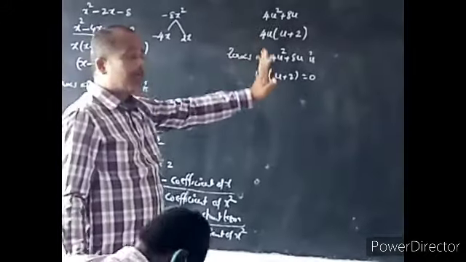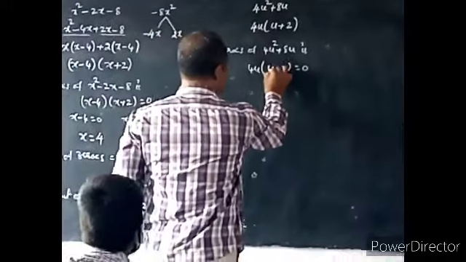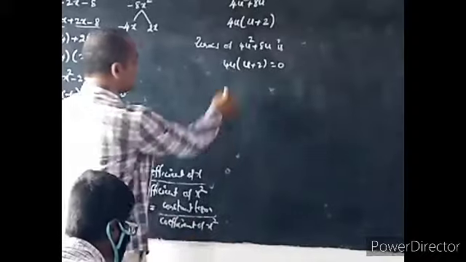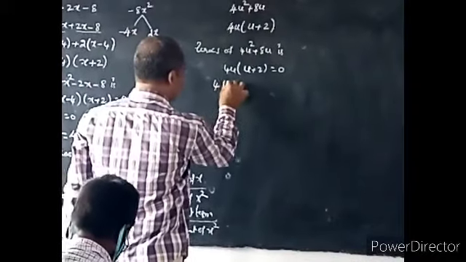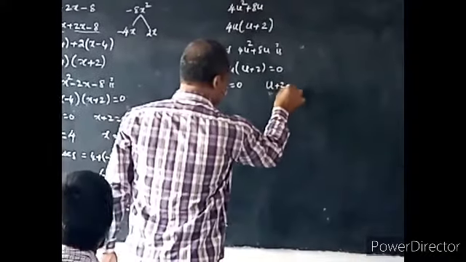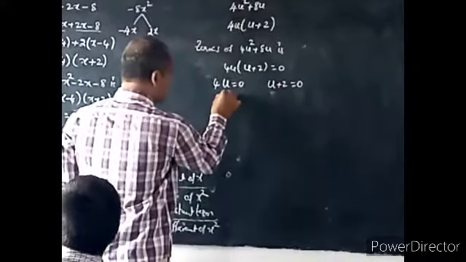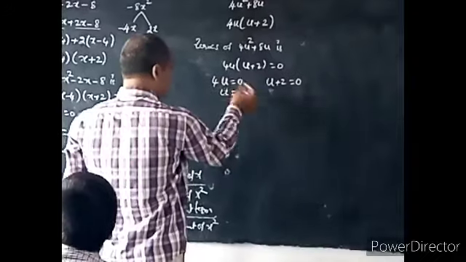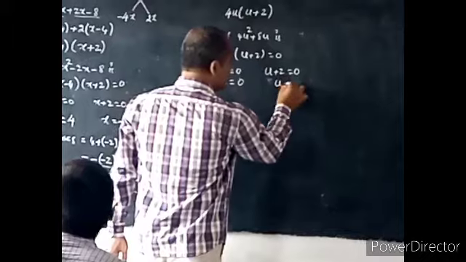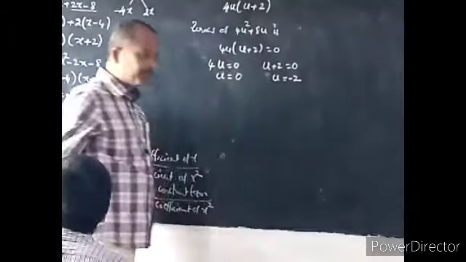4u into u plus 2. Once you get 4u equals 0 or u plus 2 equals 0, here u becomes 0 by 4, which is 0, and here minus 2.